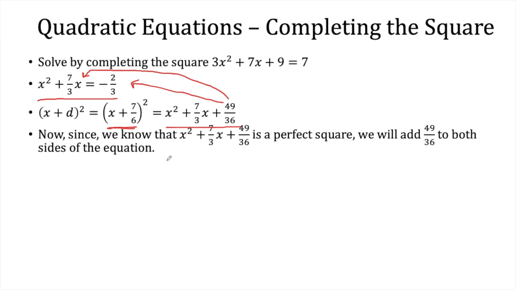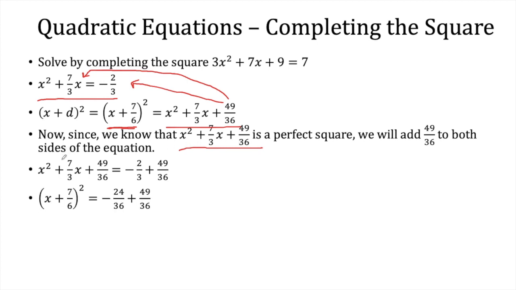So when we do that, we will find that our equation now becomes x squared plus 7 by 3x plus 49 by 36 is equal to negative 2 by 3 plus 49 by 36. Now we already know that x squared plus 7 by 3x plus 49 by 36 is a perfect square of x plus 7 upon 6. So we will write x plus 7 upon 6 the whole square on the left hand side.